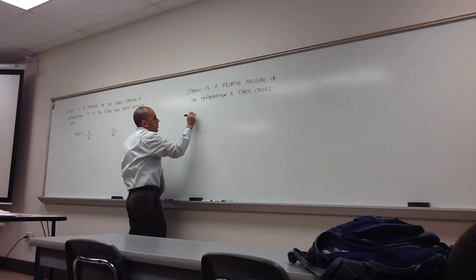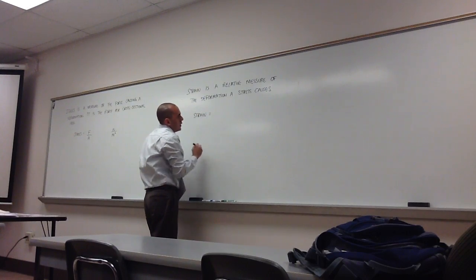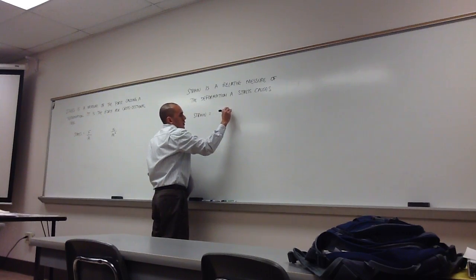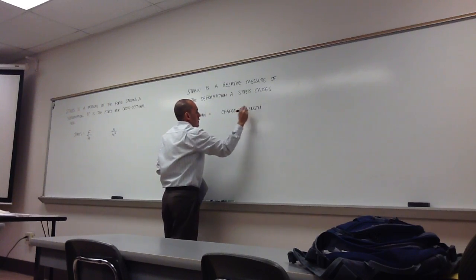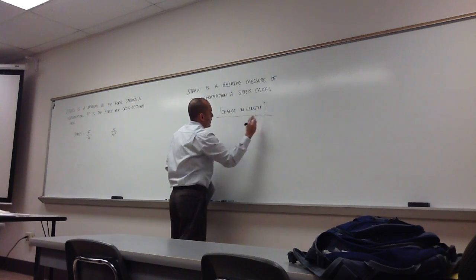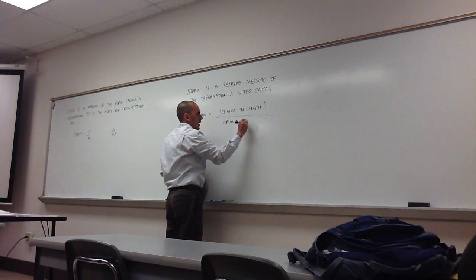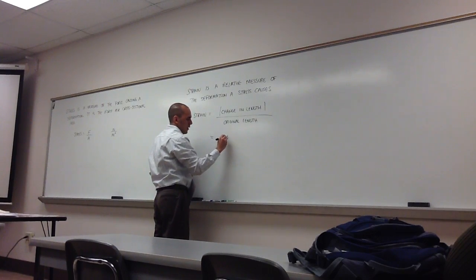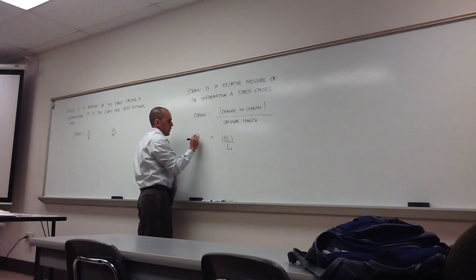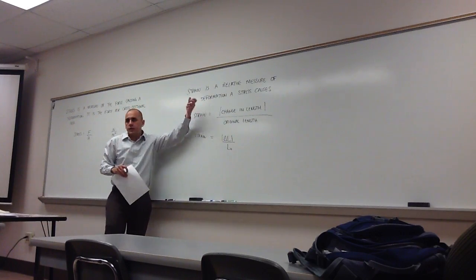So the strain is equal to the change in length, and we're going to have an absolute value around this, over the original length. In terms of variables, we'll just write that as delta L over L naught. This is the strain. It's a measure of the deformation, right?